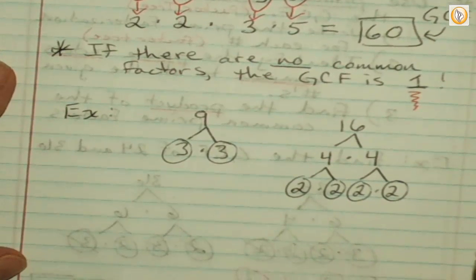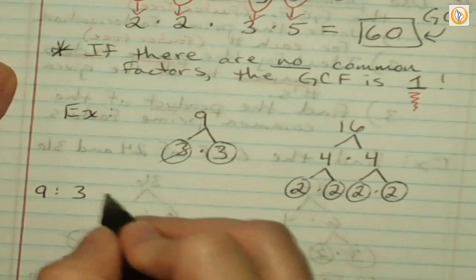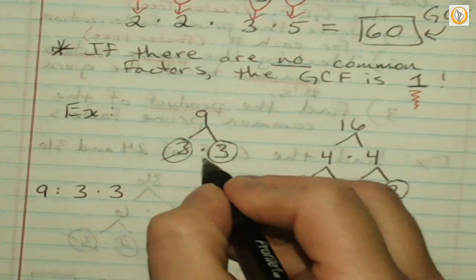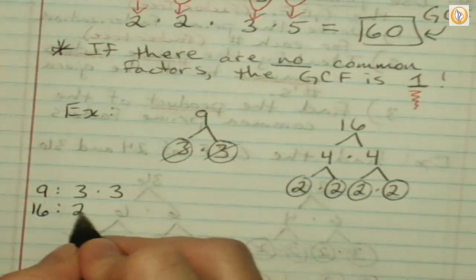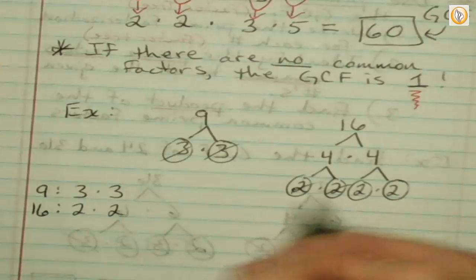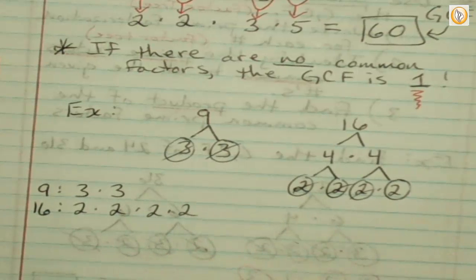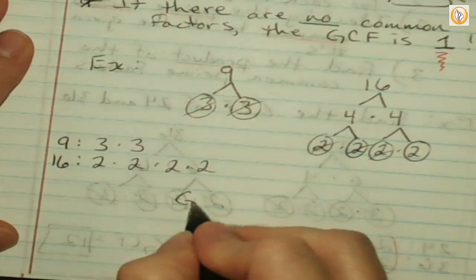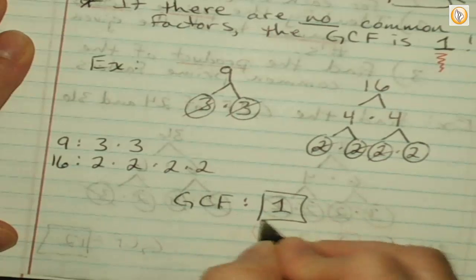So 9 is 3 times 3. 16 is 2 times 2 times 2 times 2. Do they have any common factors? No. So therefore, the GCF for these two numbers is 1.